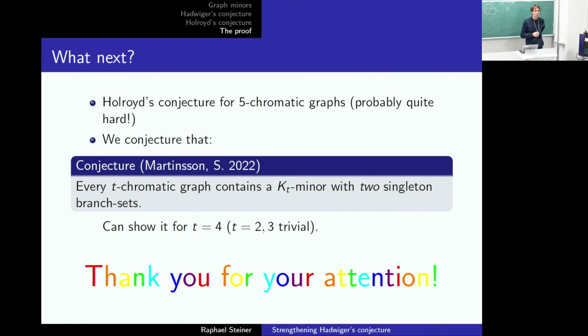I was thinking about how many branch sets you can make a single vertex. Maybe you want some minimal minor, or you want to minimize the number of split vertices or something. There are many ways you could measure this, but this is exactly the direction this is going in. It's just very hard, I think, these questions.